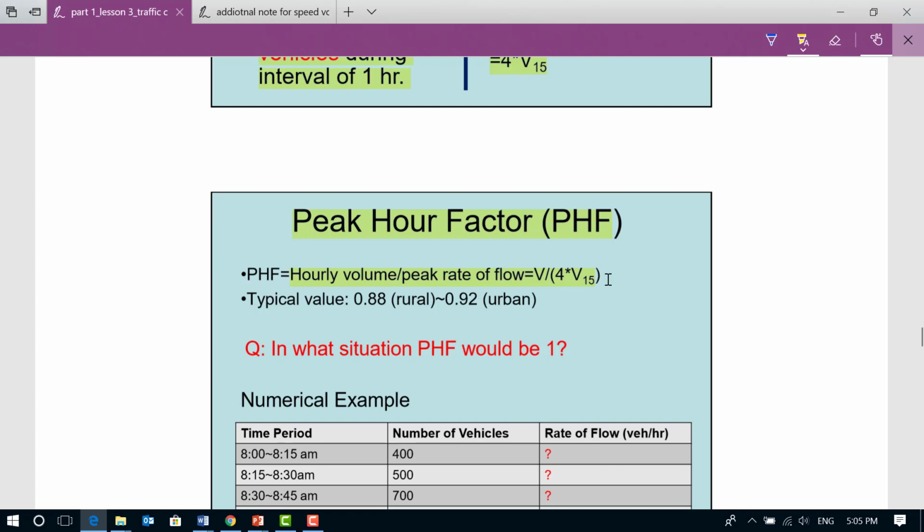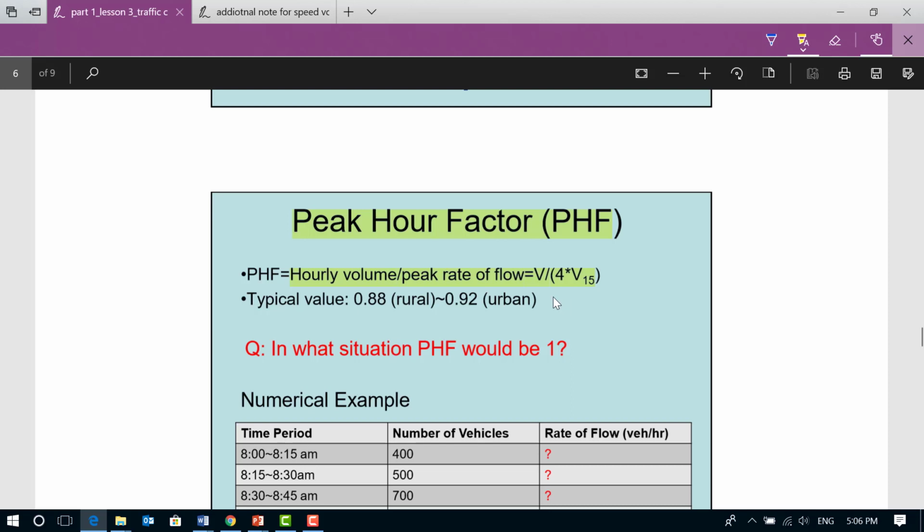Guess what that means? It means the percent of the hourly volume relative to the largest rate of flow. This number is always less than 1.